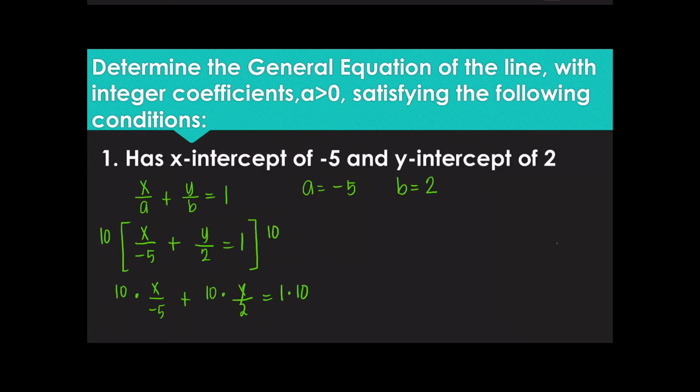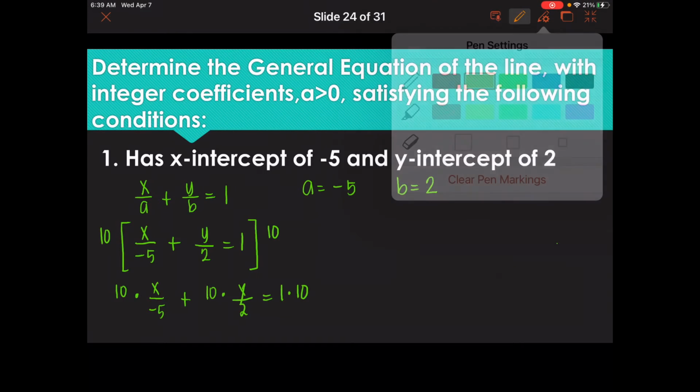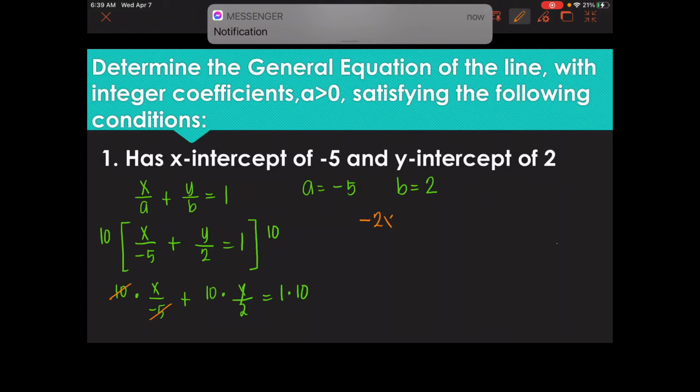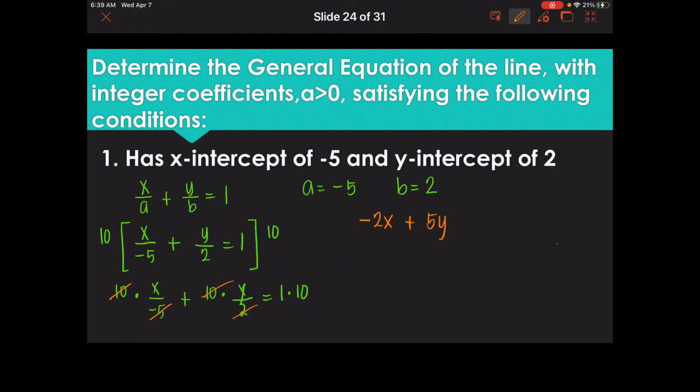Okay, so here 10 and -5 will be cancelled. So we will have -2x, and then 10 and 2 will be cancelled, so that would be 5y is equal to 1 times 10, which is 10.